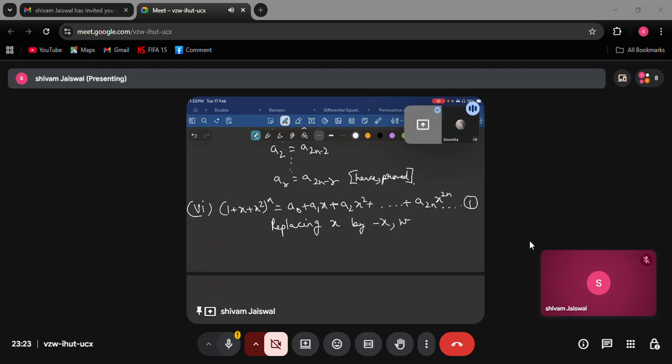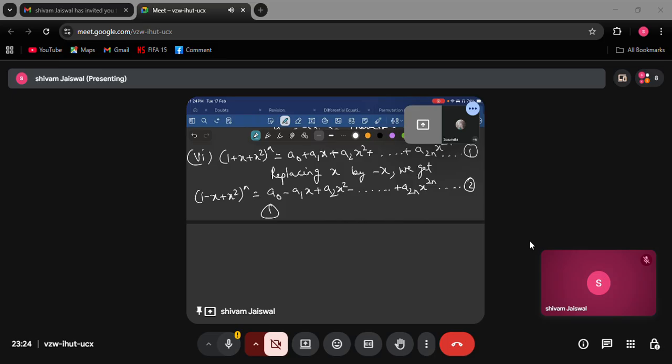What do we get? We get (1 minus x plus x squared) whole to the power n is equal to a0 minus a1x plus a2x squared minus dot dot dot plus a2n x to the power 2n. This is equation 2. Equation 1 multiplied by equation 2. What do we get?